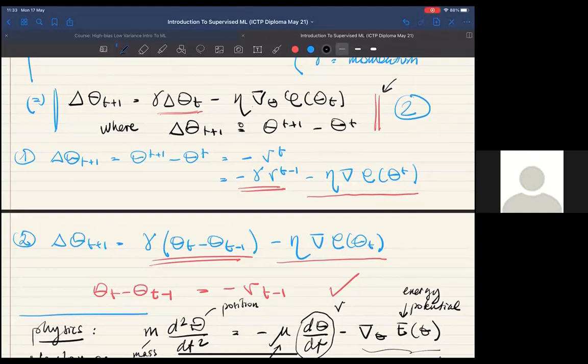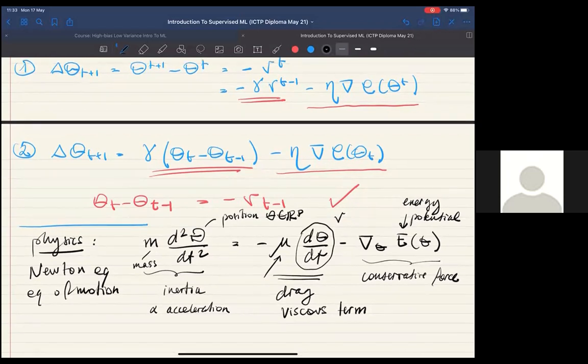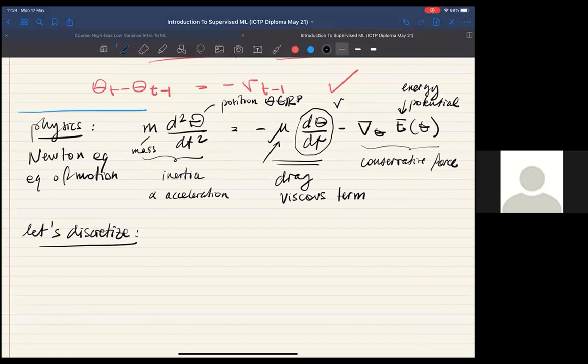But I claim that if you take the discrete steps to be epsilon close, very small discrete steps, this gradient descent has the same dynamics as this particle, in a p-dimensional space. So let's see. Let's discretize. We discretize this equation of motion.